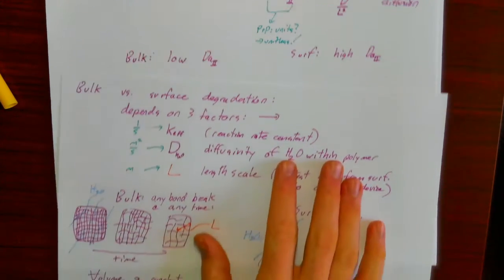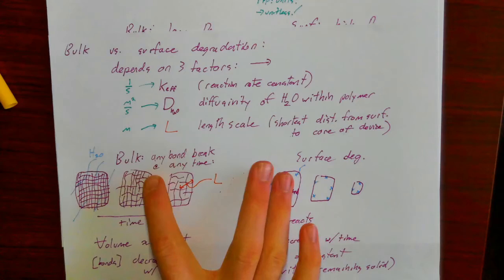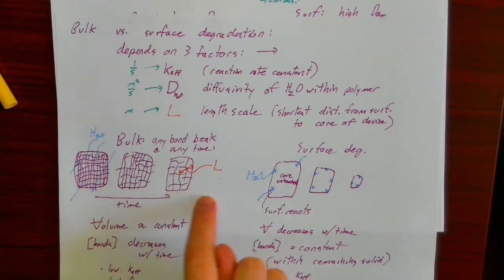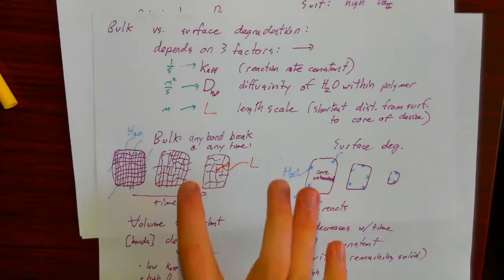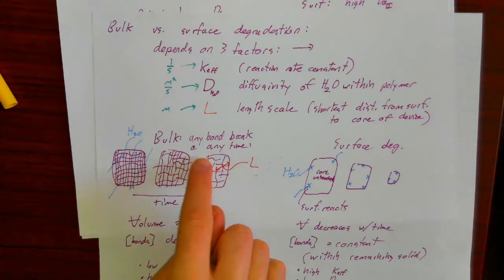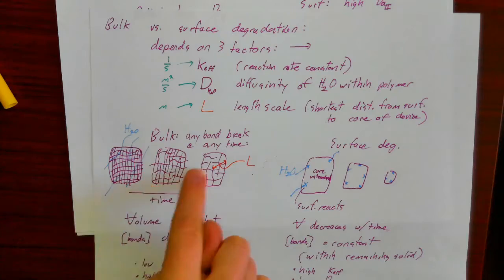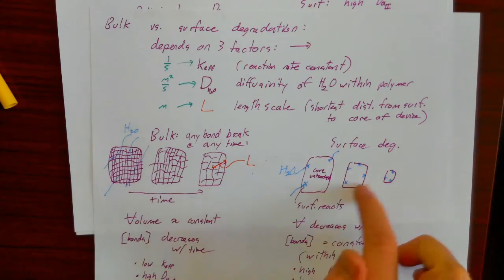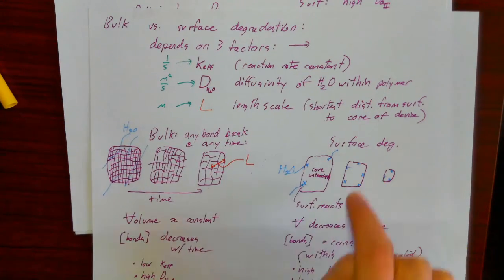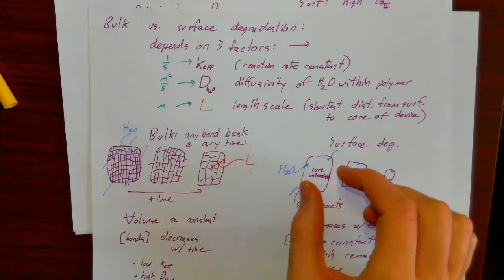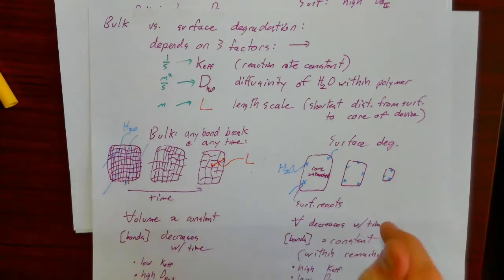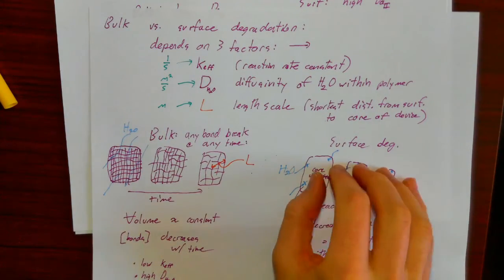Why do we care about whether something is surface versus bulk degradation? Well, this allows us to predict, for example, if this were a drug delivery device, the rate that the drug would be delivered to the patient is very different in this mode compared to this mode. It turns out that surface degradation can sometimes elute at an almost constant rate to the patient, and then once it's fully degraded, it stops delivering any drug.